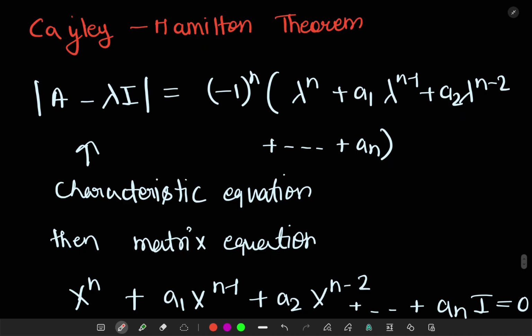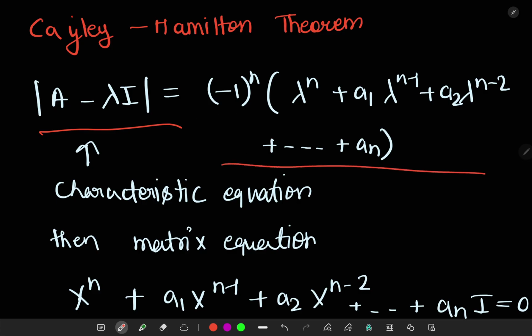Now this is a very important theorem, because questions based on this theorem come every time in various exams: TIFR, JEST, NET, GATE. Now this is the characteristic equation.